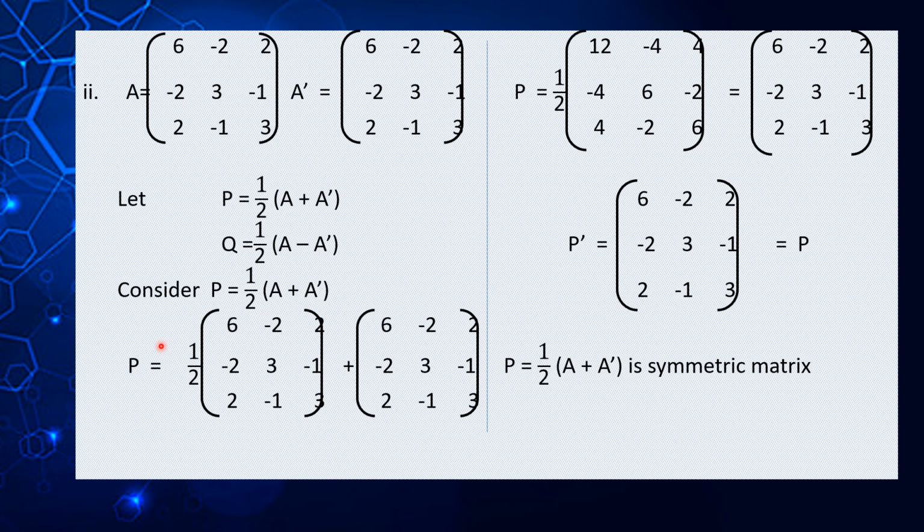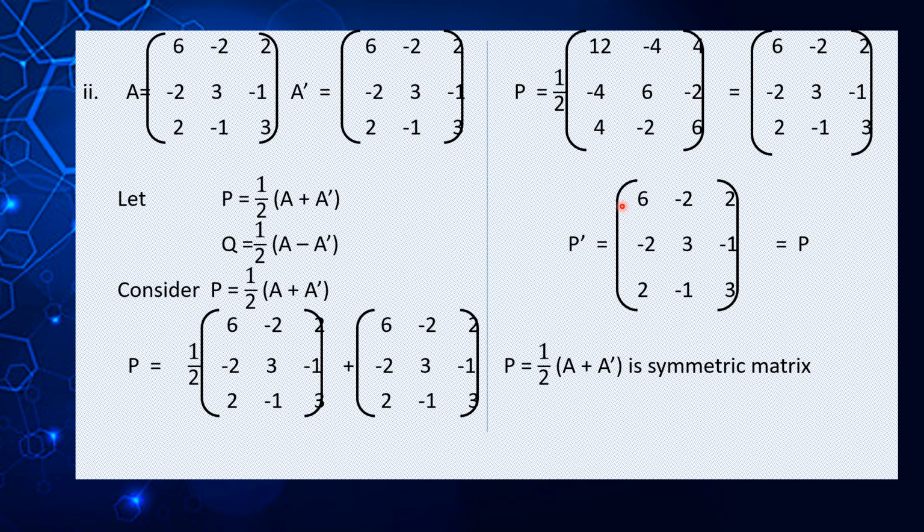So P is equal to half of 6, minus 2, 2, minus 2, 3, minus 1, 2, minus 1, 3 plus 6, minus 2, 2, minus 2, 3, minus 1, 2, minus 1, 3, which would give us P is equal to half of 12, minus 4, 4, minus 4, 6, minus 2, 4, minus 2, 6, which when we take half of each element, we would get 6, minus 2, 2, minus 2, 3, minus 1, 2, minus 1, 3.